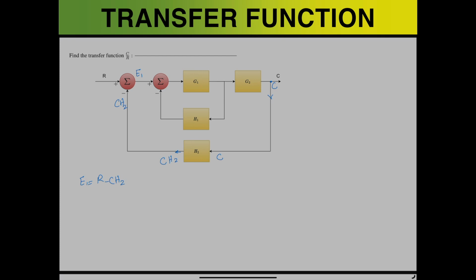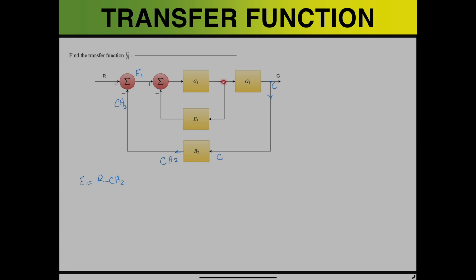Now, this error, E1, is going to be subtracted by some other element that we don't actually know, because that is the product of H1, but we don't know its input either. So we need to know this node.